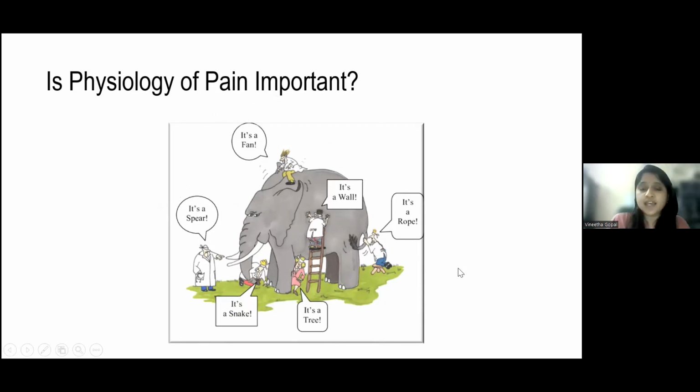Each person will think that this is the cause of pain. One person will think it is psychological. Another person will think it is functional, I mean, malingering. Another person will think it is neuropathic. So we should understand where in the pain processing it has gone wrong. Then only we will be able to give the optimal management for the patient.